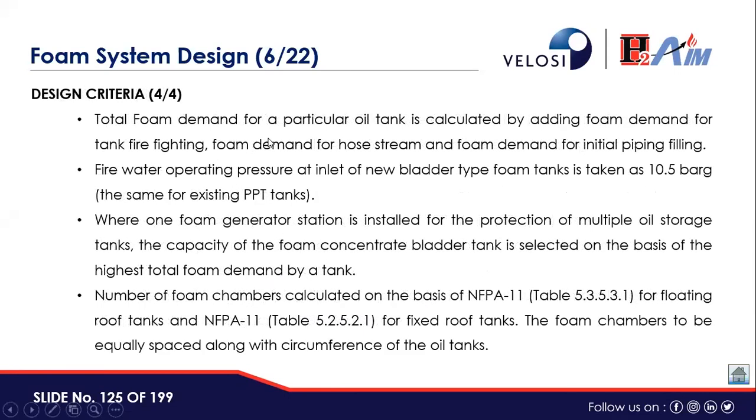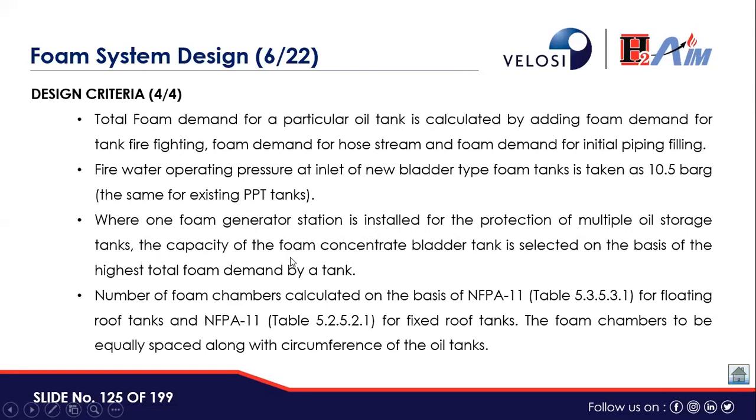Total foam demand for a particular oil tank is calculated by adding the foam demand for the tank firefighting, the foam demand for hose streams, and the foam demand for the initial piping filling. Firewater operating pressure at the inlet of the new bladder type foam tank is taken as 10.5 bar gauge, the same as for the existing PPT tanks, where one foam generator station is installed for the protection of multiple oil storage tanks.